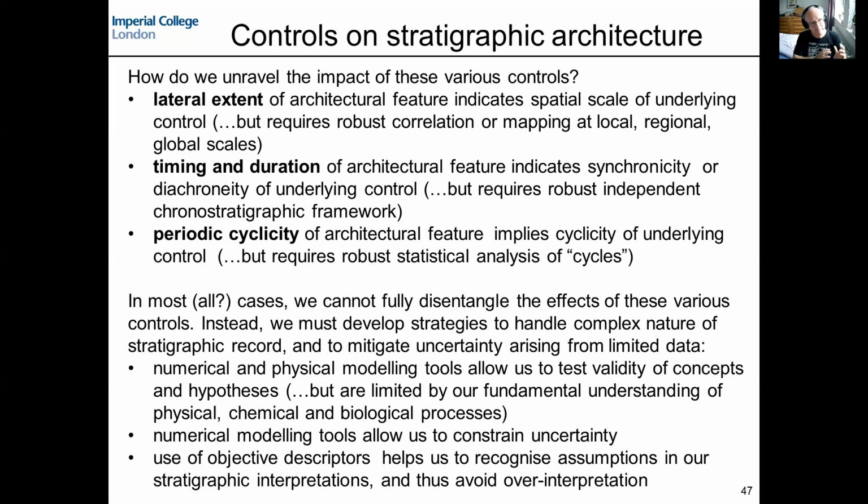It's far better if we separate description from interpretation. So description, well, we could refer to regression or transgression, aggradation, progradation. That's descriptive. The shoreline is building out, it's retreating, it's stacking vertically. We're not saying anything about the sea level curve in that sense.